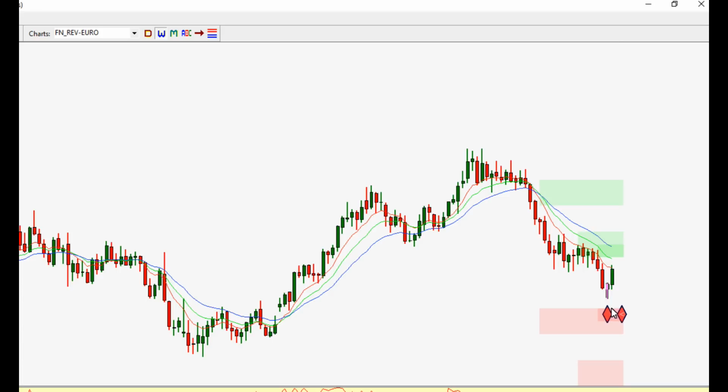So overall, I'm very bullish that we're looking at bottoming at this time for the euro.